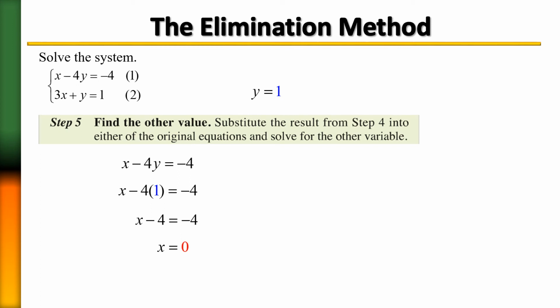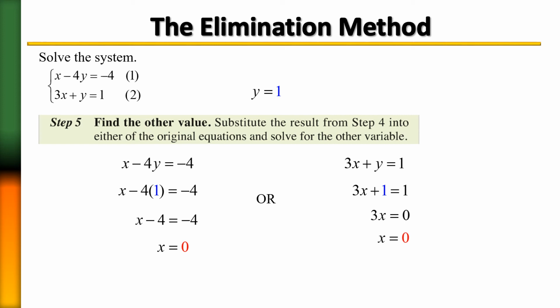For those of you who decide to plug it into the second equation, that's fine as well. You'll get the same answer. So into that equation, if we remove the y and replace it with 1, it's going to look like so. Our next step is to subtract 1 from each side, then divide by 3, and x again is 0.